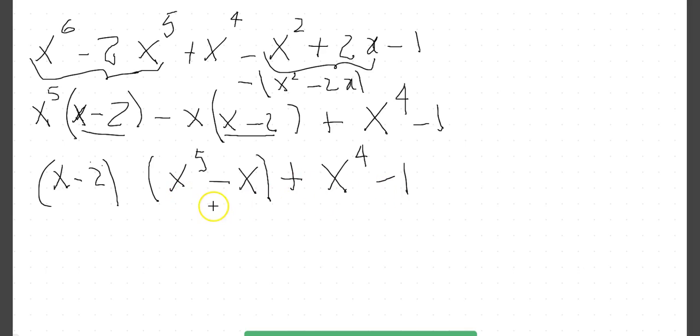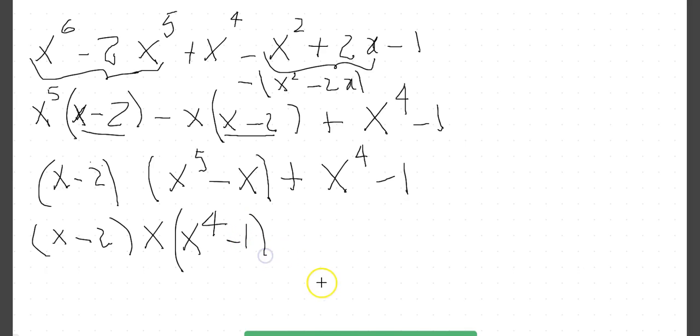What I can do is put x as a factor right here. So this is gonna give me x minus 2, so it's gonna be x times x to the power of 4 minus 1, and then plus x to the power of 4 minus 1.